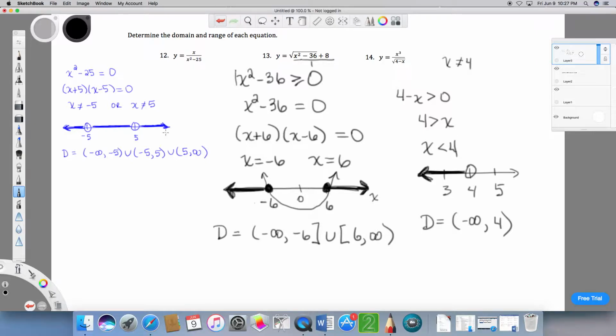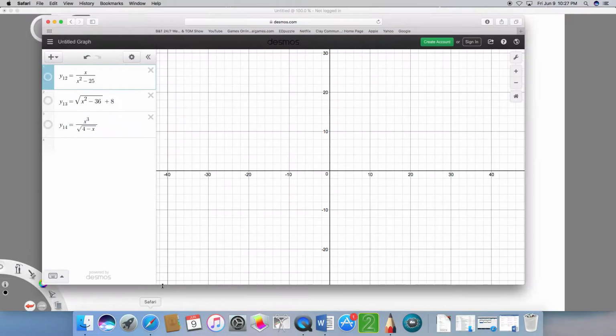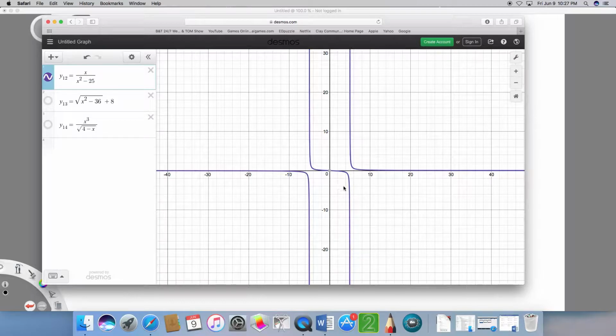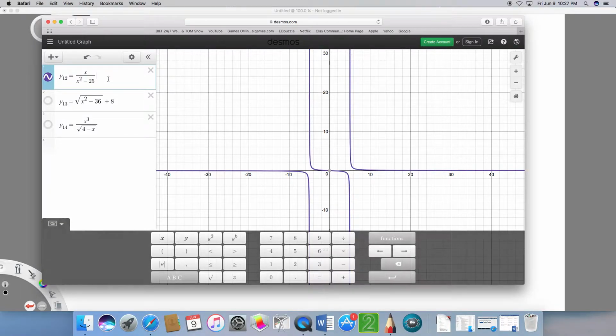So for number 12, I've already keyed it in here on this Desmos graphing calculator. I see that even though there are 3 sections to this, as far as the y coordinates go, I can focus my attention on this middle part.